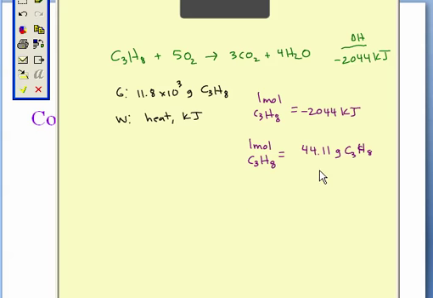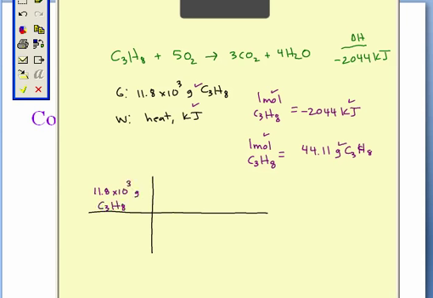If we look at our units, I have grams of propane, moles of propane, and kilojoules. So we start with what we're given, 11.8 times 10 to the 3 grams of C3H8. I have grams of C3H8 here, so I must have grams of C3H8 down there, and I use this conversion factor, my molar mass, to get from mass to moles.